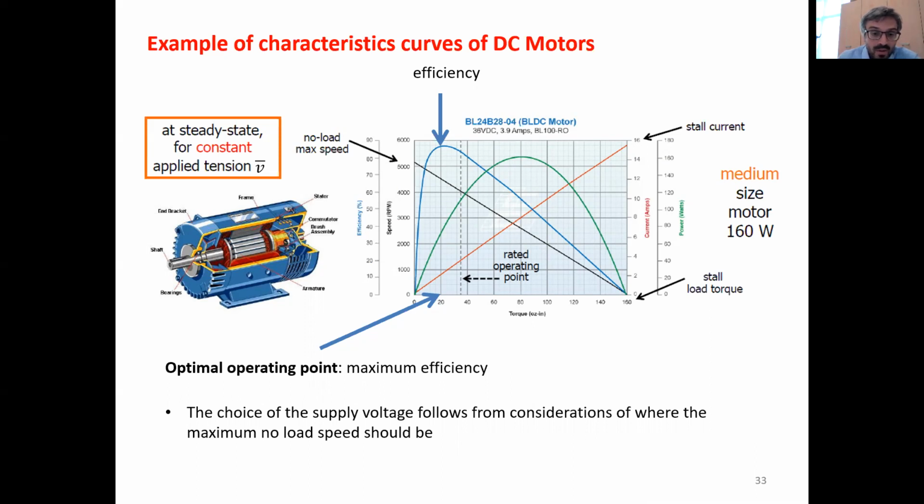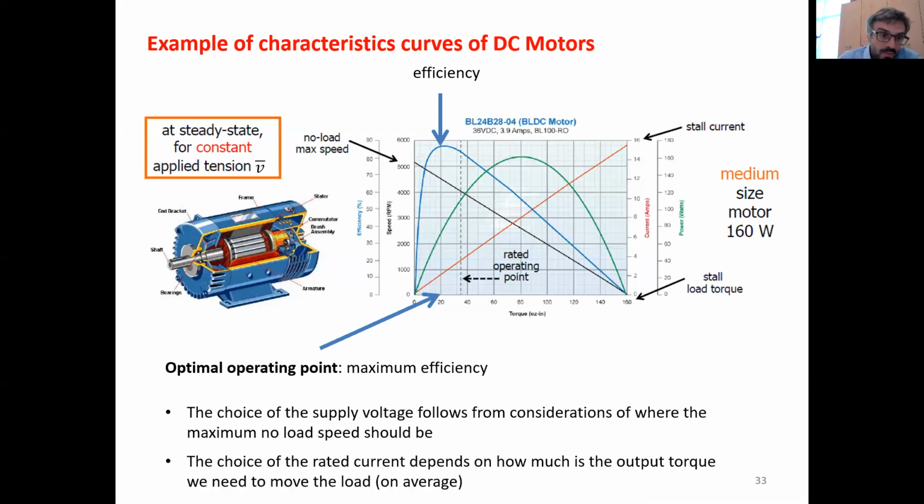According to the value of the no load speed that you want to have, close to the rated point, that is the speed at which you want to drive your actuator most of the time, then you can obtain the voltage. While the choice of the rated current depends on how much output torque we want to give to the load, again, on average.